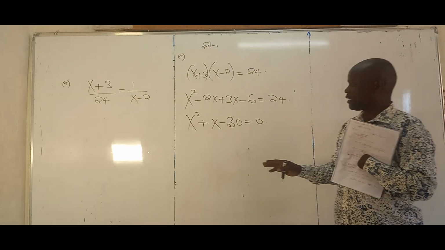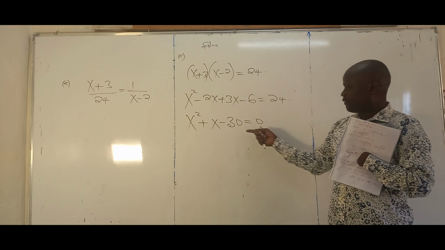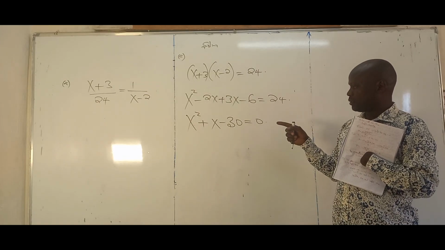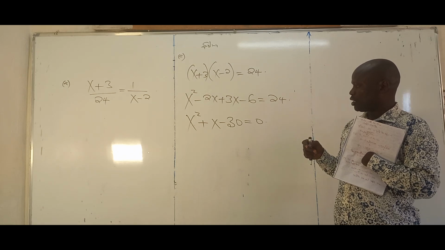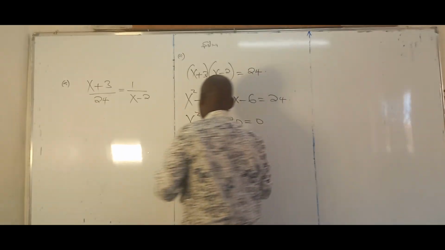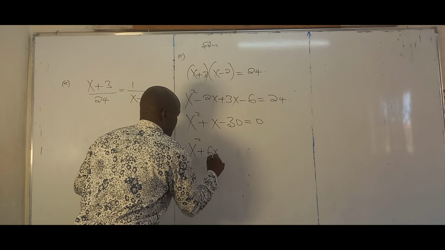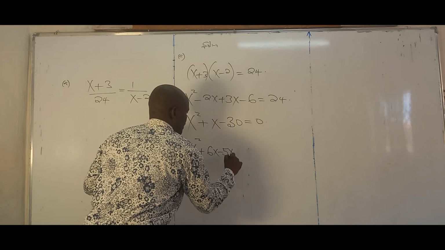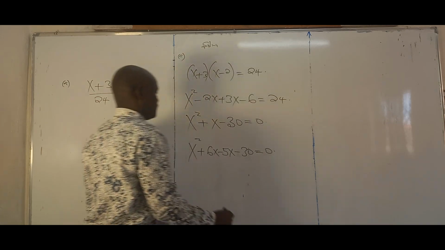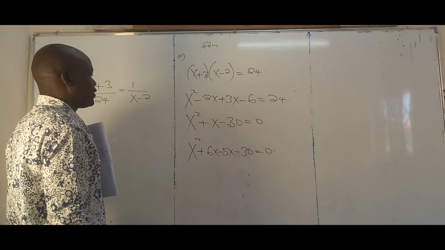Now the next assignment is to find two values whose product should give us negative 30 and sum should give us positive 1. Now these two values have to be positive 6, negative 5. So we have x squared plus 6x minus 5x minus 30 is equal to 0. So I need to factorize.